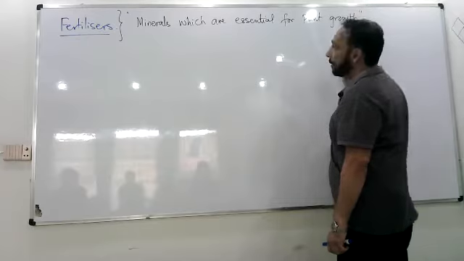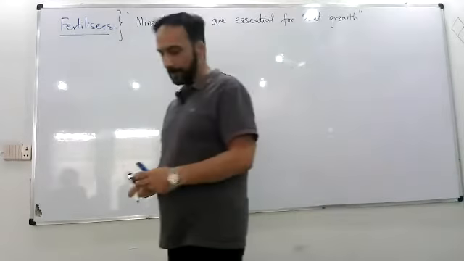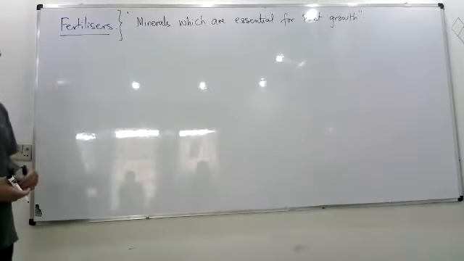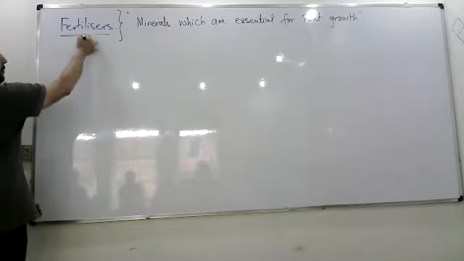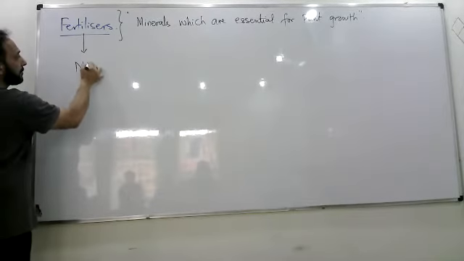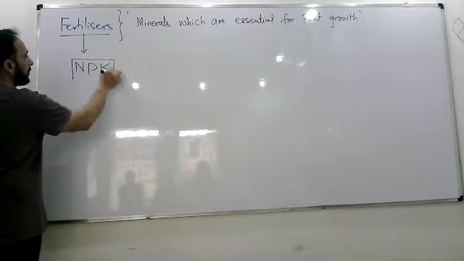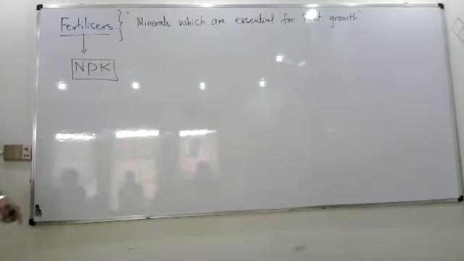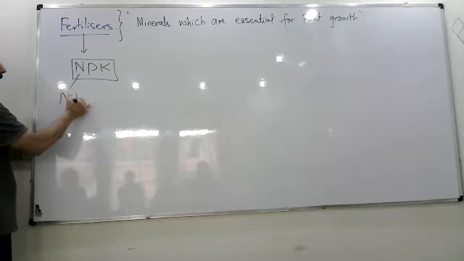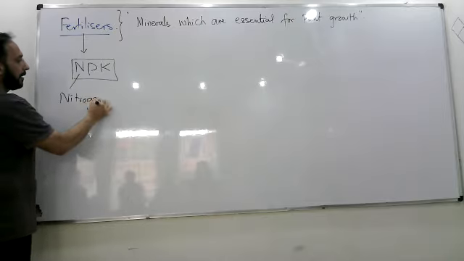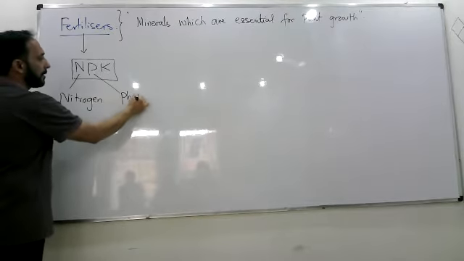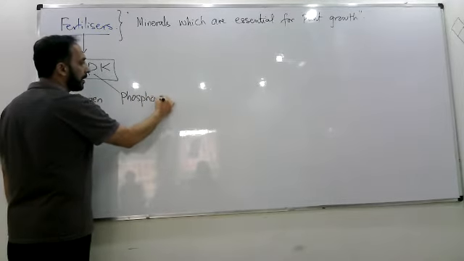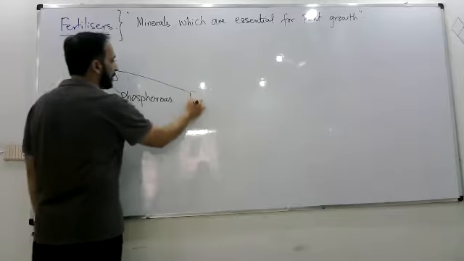And there are many types of fertilizers, but the main or the most important fertilizers are actually called NPK fertilizers. N for nitrogen, P for phosphorus, and K for potassium.